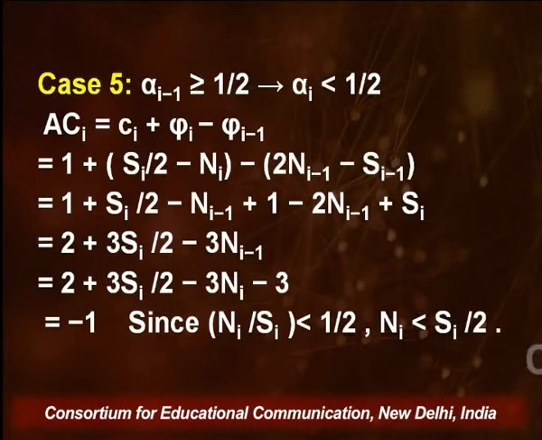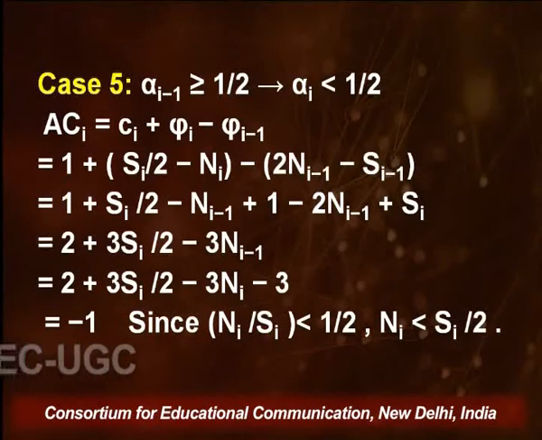And then we have, by adding the constants, 2 + 3 Si/2 − 3 and i − 1. So, Ni−1 is equal to Ni − 1, that value has been put in here again.